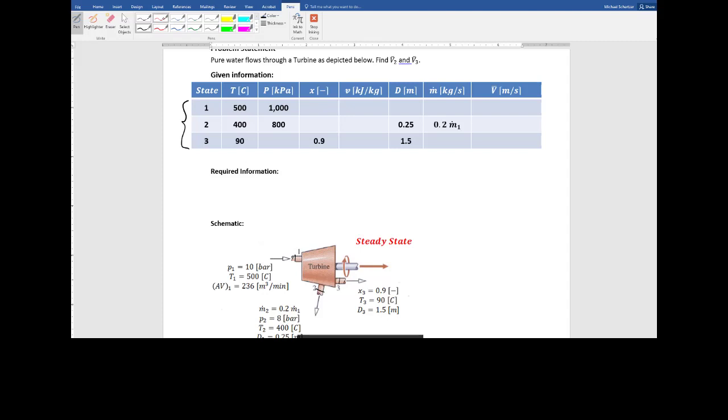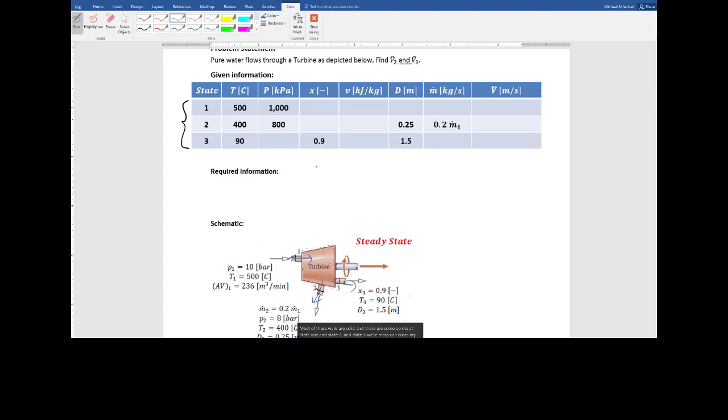When we talked about open systems, the first thing we said was we had to draw a control volume. What's the part of the universe that I'm interested in? And here, it's this turbine. We see in the turbine, most of these walls are solid, but there are some points at state 1 and state 2 and state 3 where mass can cross my boundary. And that's what makes this an open system.